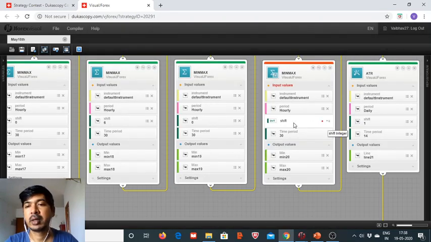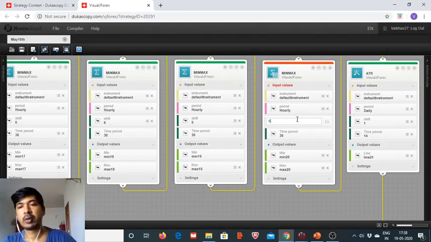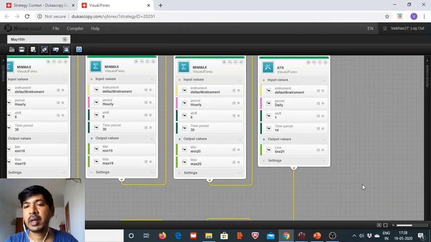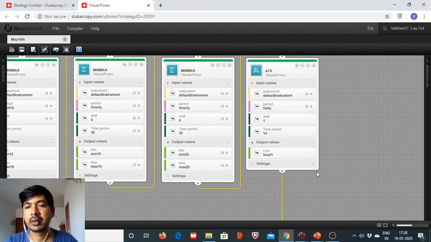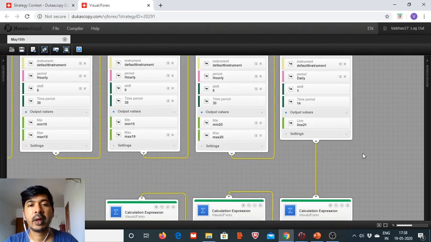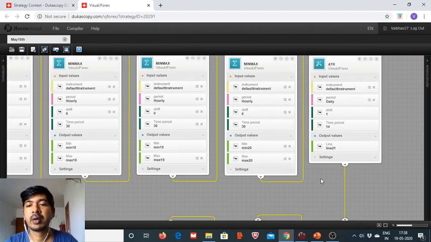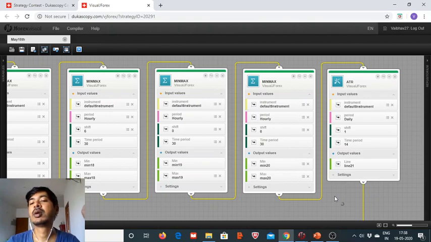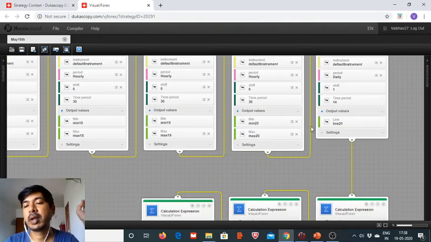So in today's session we do some changes. The ATR remains as it is, daily value, and we will also need to bring in 2 more min-max blocks, as we also need the min-max values of 30 time period, 29 hours back. So we need to do that as well.